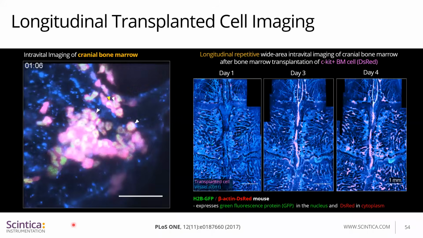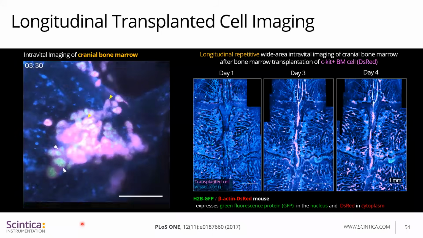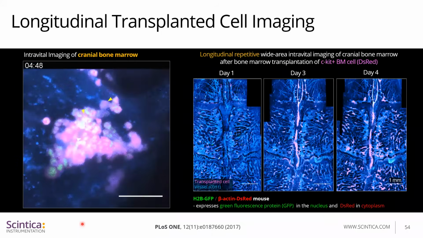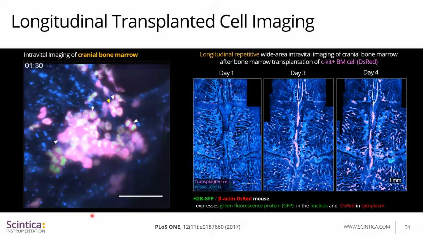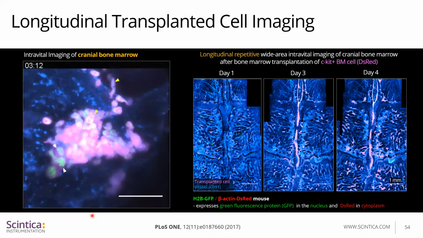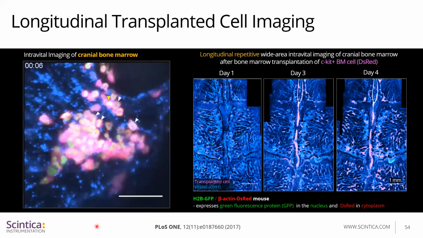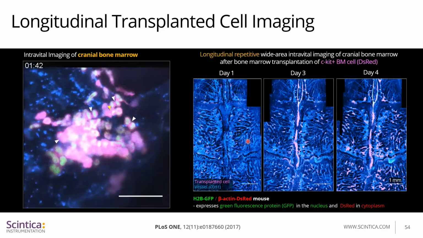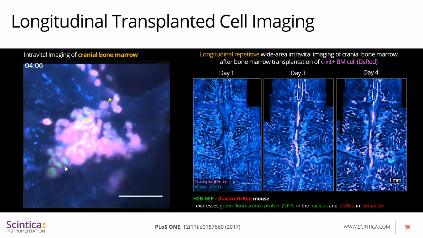They also collected a video to observe proliferation events during a 5-hour time lapse. So arrows point towards transplanted bone marrow cells that are undergoing proliferation, which of course contributes to this increase in the number of cells and clusters that can be seen over time after transplantation.